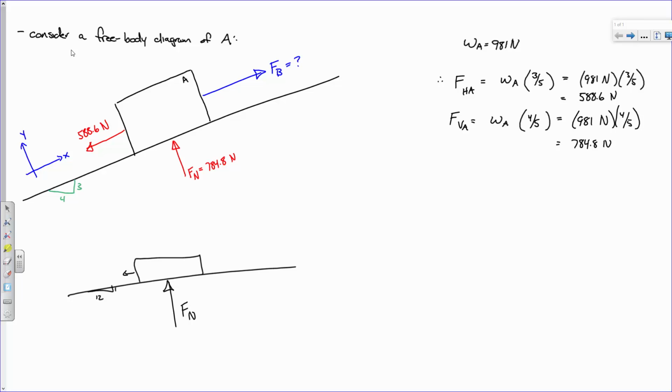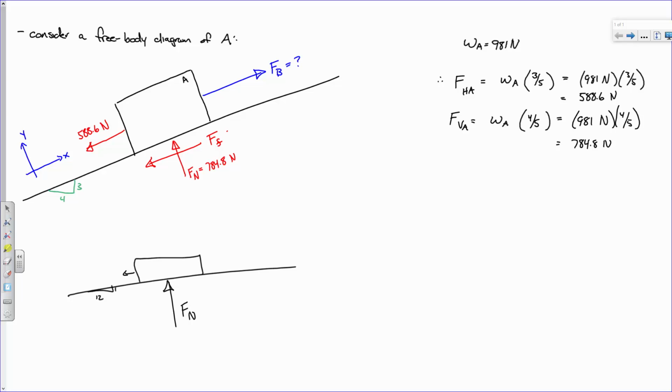Friction force. Now, if I'm yanking that block up the ramp, friction's going to act opposite of that, right? If I'm pushing a refrigerator across the room, friction's going to hold me back. So if I'm yanking that block up the hill, friction is acting that way, right?